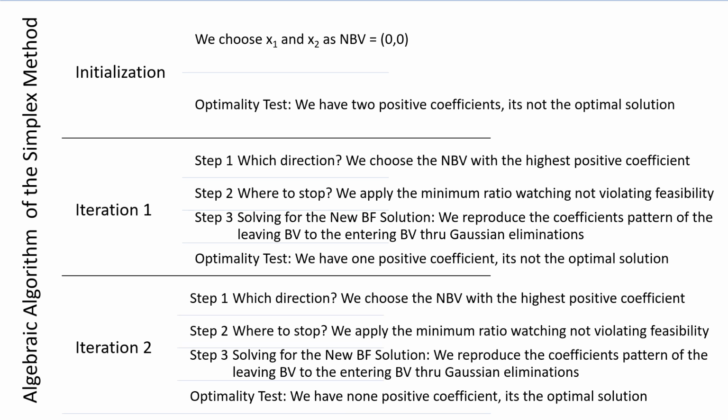And this is just a summary of the steps we have done. We did initialization, and in the initialization x1 and x2 become the non-basic variables. We did our optimality test where we look for positive coefficients, and we decided that was not our optimal solution.